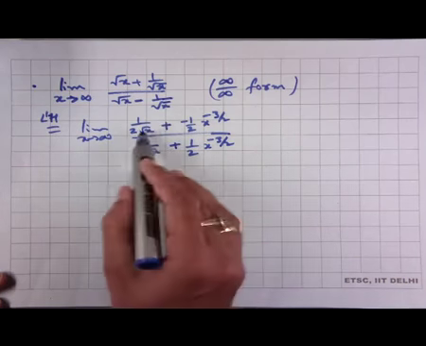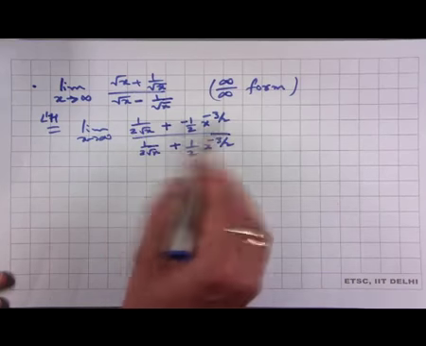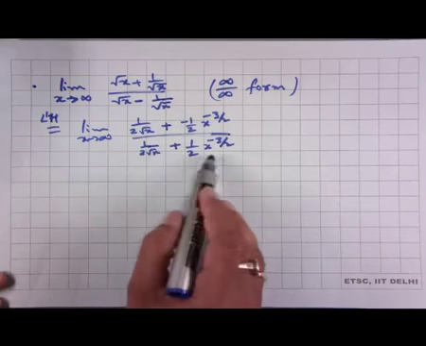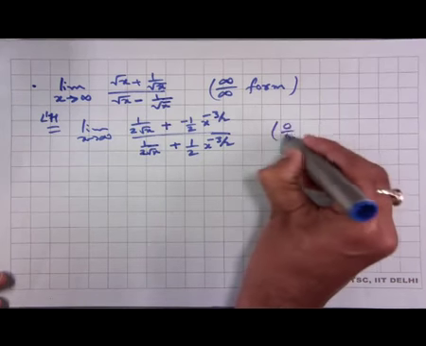Now as x goes to infinity, the numerator here goes to 0 and the denominator, both terms, also go to 0. So this is 0 by 0 form.